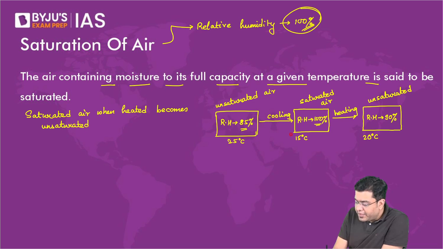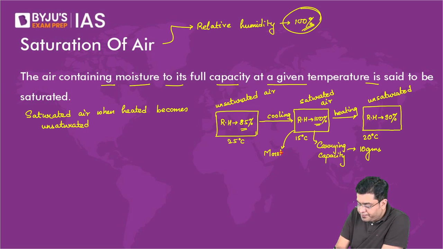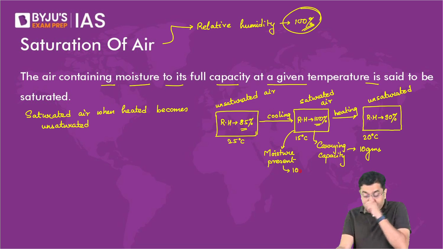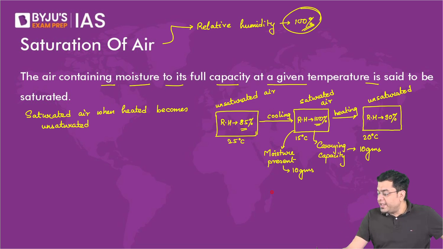Let's suppose the carrying capacity comes out to be 10 grams, and the moisture present is again 10 grams. So that is why the relative humidity is 100%, and that is why it is saturated air.